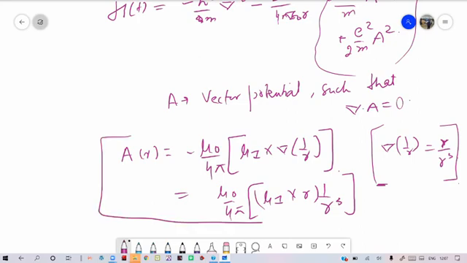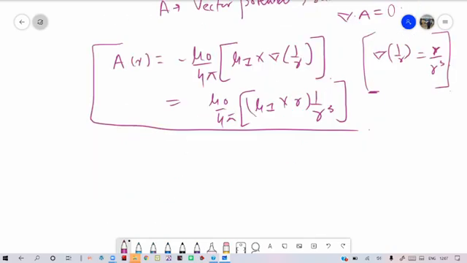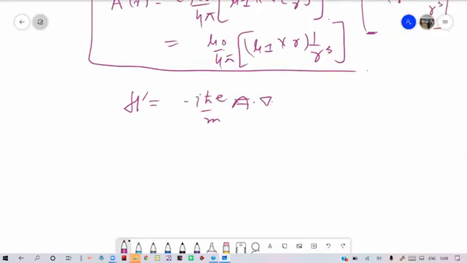So this is up to you. You have to do it, and you have to also find, if H dash is equal to minus i h cut e by m A dot del, then find A dot del, or find H dash simply.